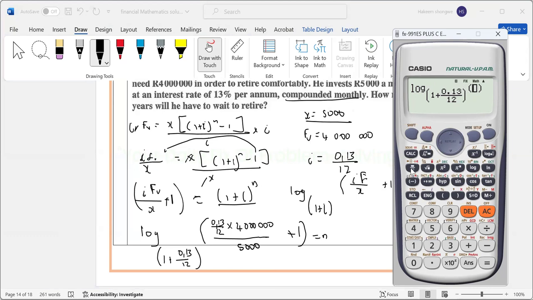Here we have a fraction, and we also have another fraction. So we have 0.13 divided by 12, multiplied by 4 million, all over 5,000, plus 1.